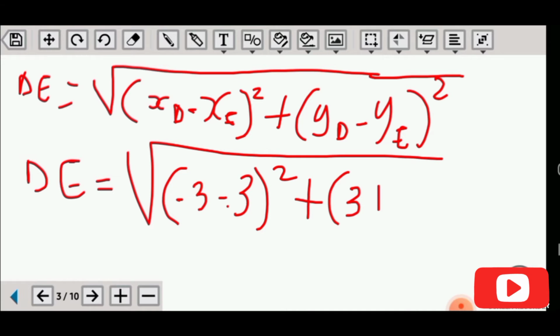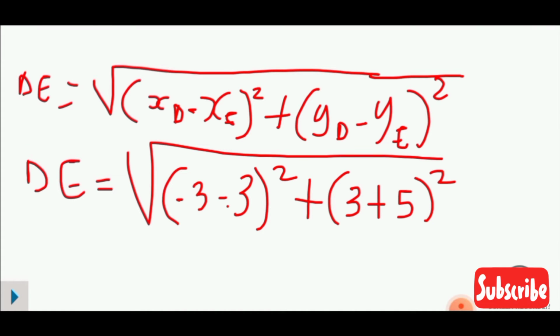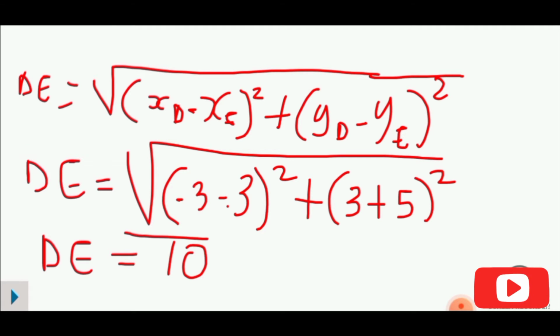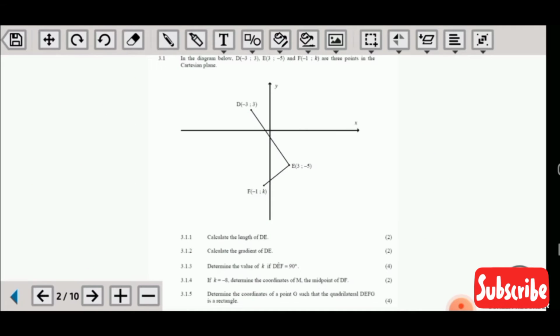So it's going to be plus 5 because negative times negative gives us a positive. So the length of DE is equal to 10. Just punch this into your calculator and you'll get your answer as 10. So let's go to the next question.